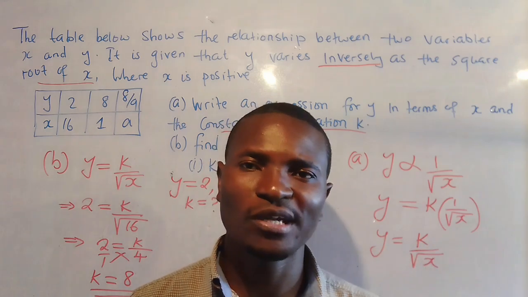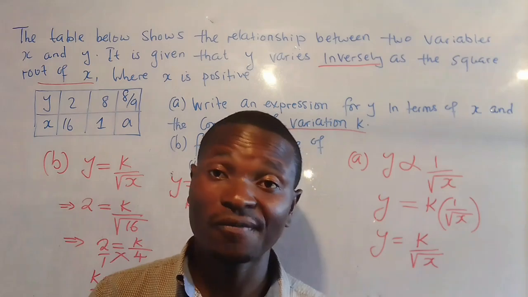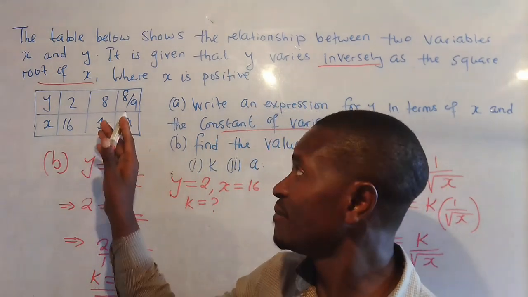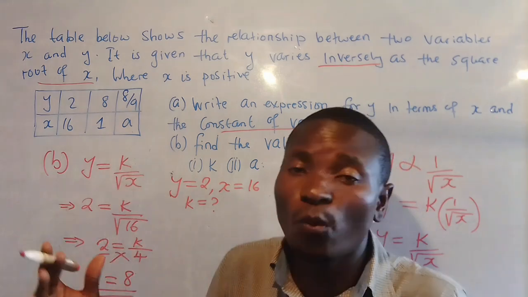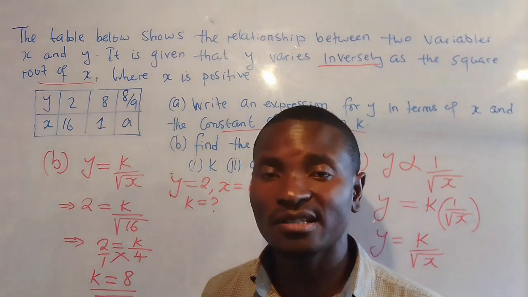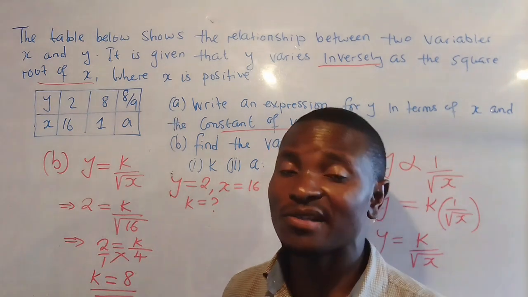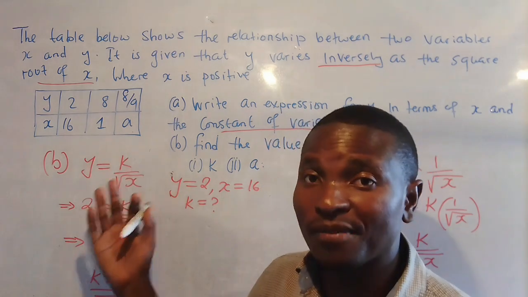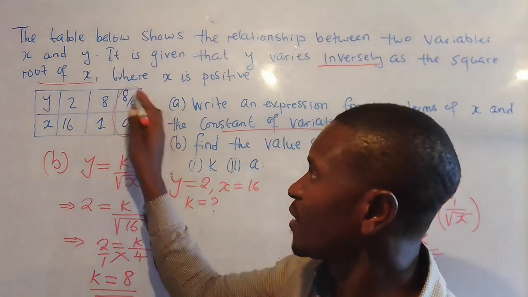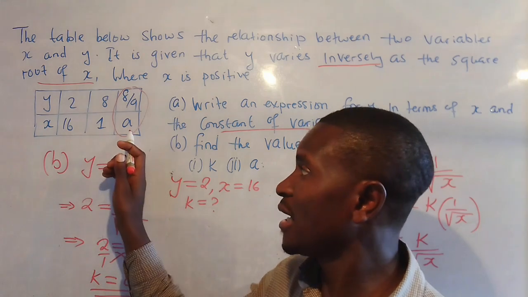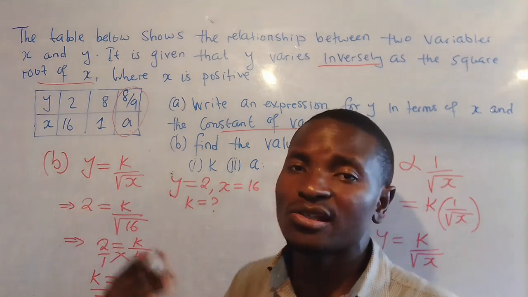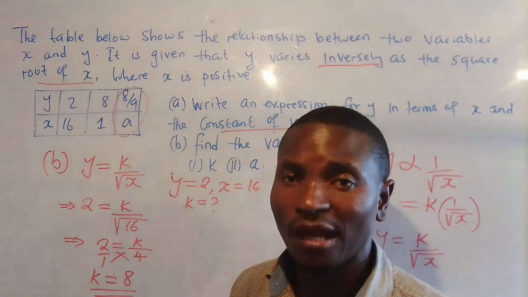Let us now move on to the last question, which is finding the missing value. The missing value is A. We don't know what the value of A is. So from the same table, we pick this one. Because A corresponds with x, in the formula the A is going to replace x.